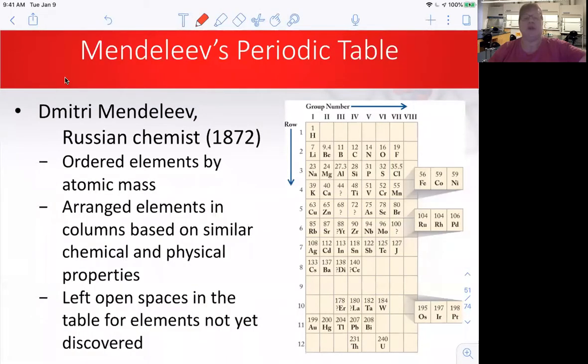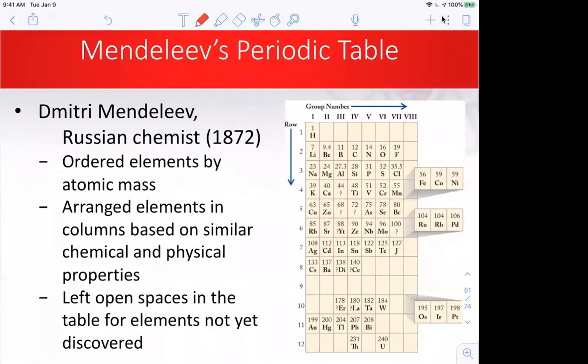Okay, so Dmitri Mendeleev is known sort of as the father of the periodic table. He was a Russian chemist who ordered elements by atomic mass. And when he did this, he noticed that certain chemical and physical properties were similar.